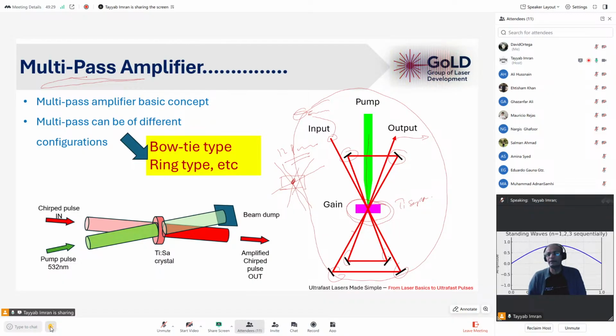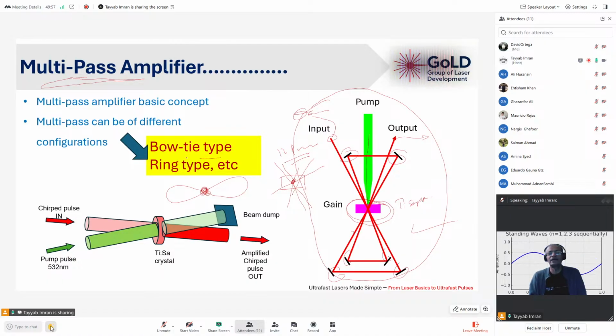So I'm only discussing here the multipass amplifier. As I explained, this is the basic concept. And there are types of multipass amplifier also, like the bow tie type. So bow tie, I mean, it's like this, if you have seen a bow tie.